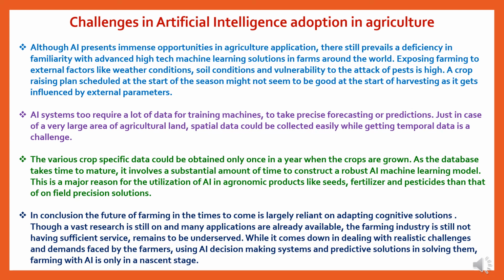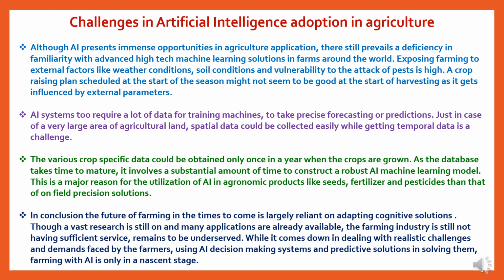Artificial intelligence systems too require a lot of data for training machines to make precise forecasts or predictions. In the case of a very large area of agricultural land, spatial data could be collected easily, while getting temporal data is a challenge. The various crop specific data could be obtained only once in a year, when the crops are grown.